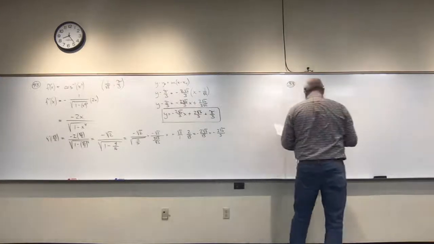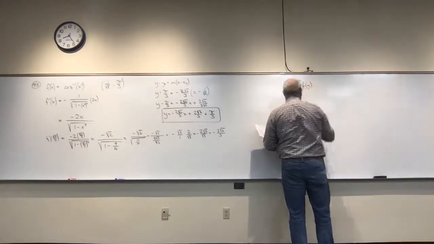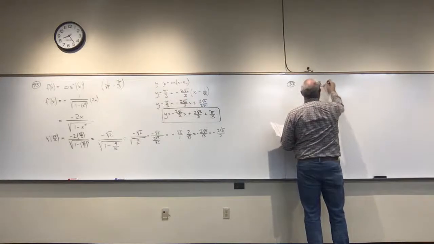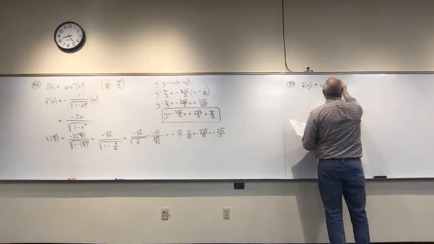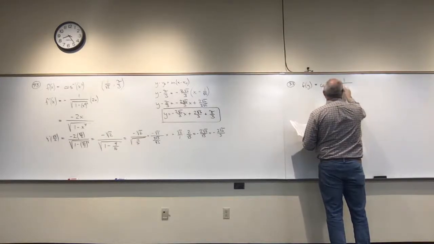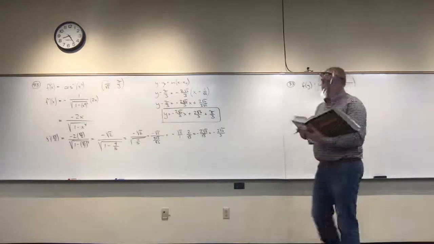So 33, we have f of y is equal to cotangent inverse of 1 divided by y squared plus 1. Okay.